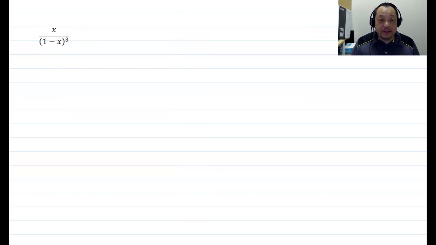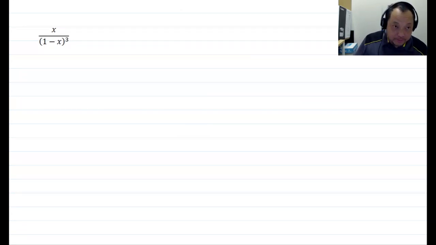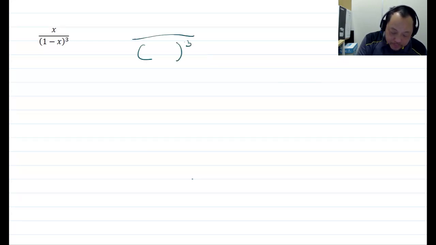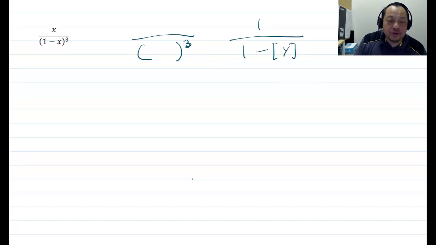All right, let's do one more example and we'll stop. Do we know any way of relating a denominator cubed with 1 over 1 minus some quantity y in terms of derivative or integral or algebra? Well, actually, we do.